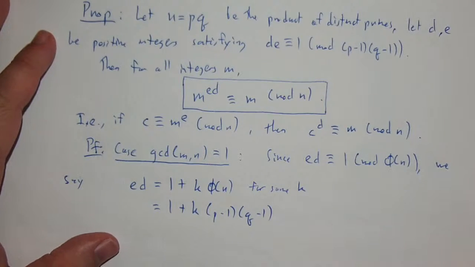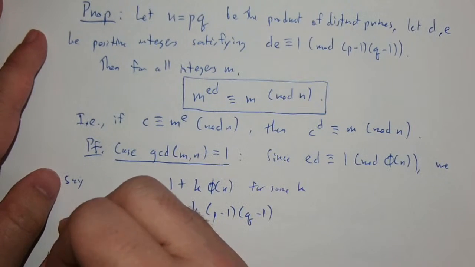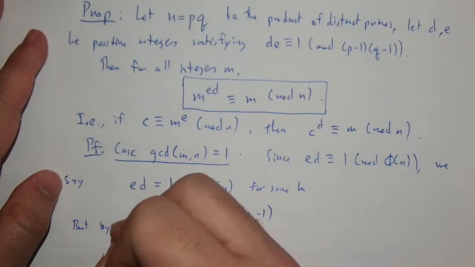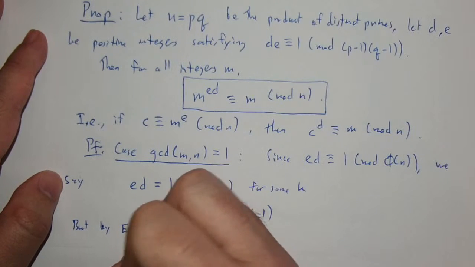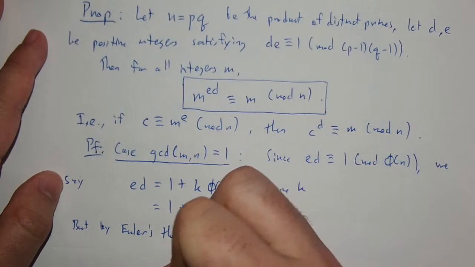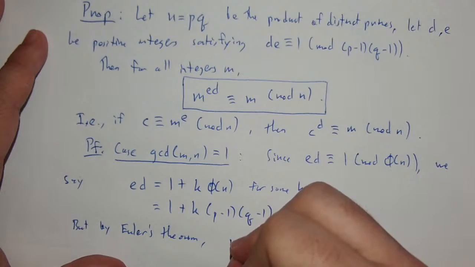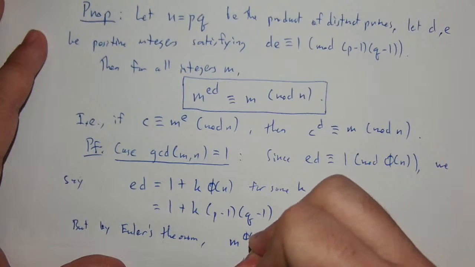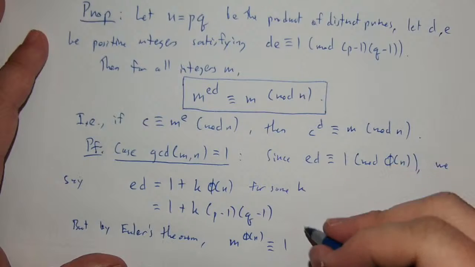All right. Now, by Euler's theorem, m to the phi of n is congruent to 1 mod n.